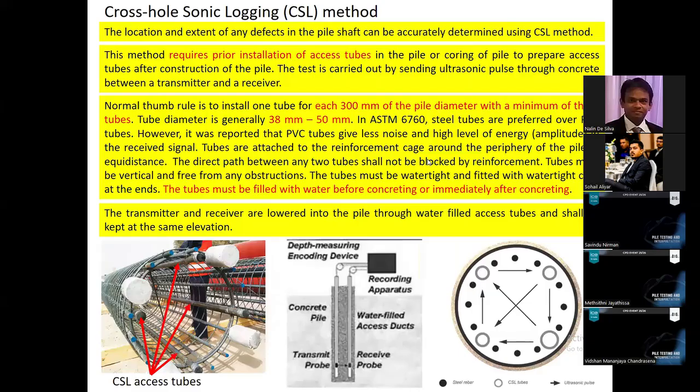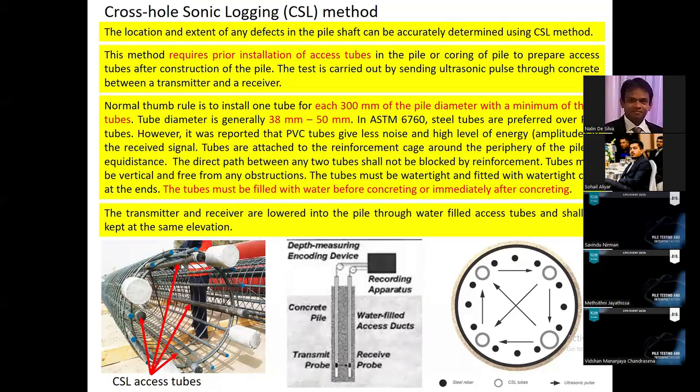Then let's discuss cross-hole sonic logging. This is a direct transmission method. If we are planning to do a cross-hole sonic logging test, we have to plan in advance. During the construction stage, you have to install either PVC or steel tubes. These are the tubes, and you can see the end caps.